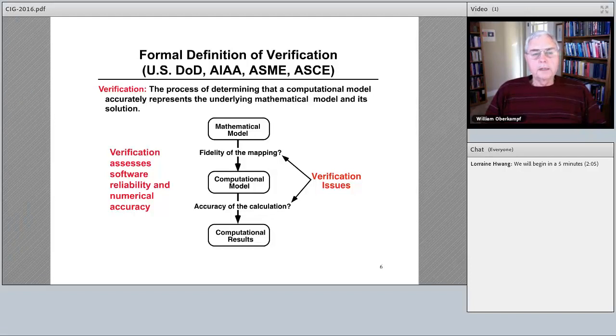That fidelity of that mapping is one aspect of verification. Then the mapping of that, specifically the embodiment in software, into a computational result. The accuracy of that calculation is also an aspect of verification. Those two particular pieces I'll talk about in just a minute.